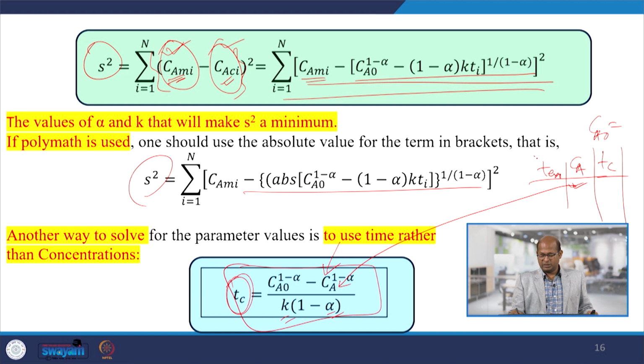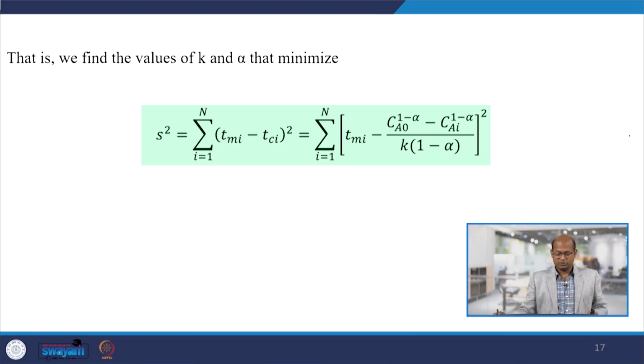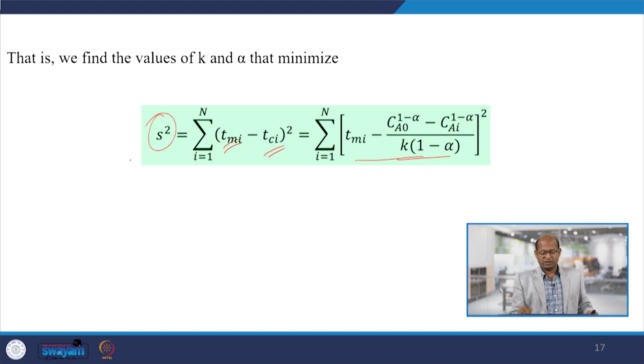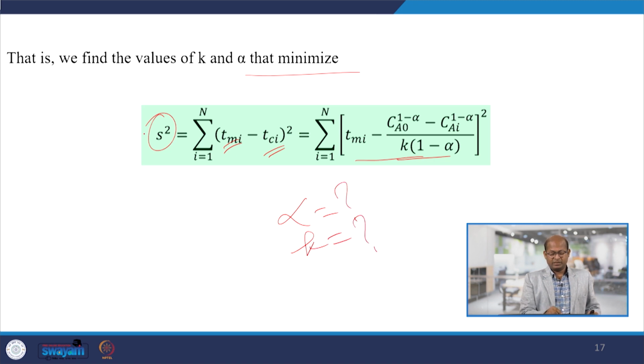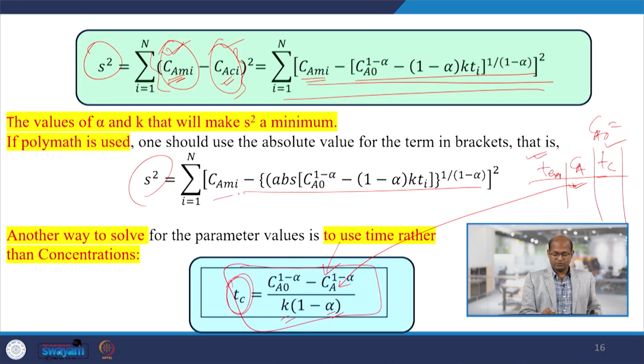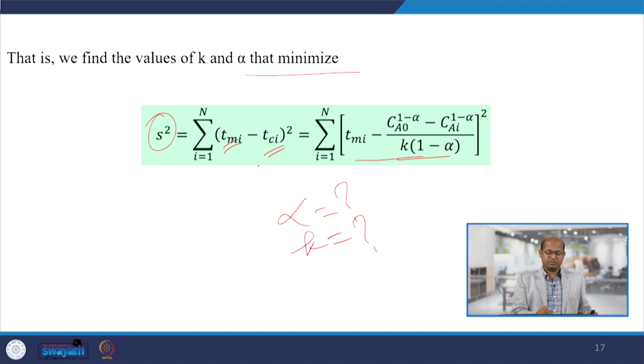So, the measured experimental t and calculated t we can both put this way, and then the sum of squares, sigma squared, we can get in terms of time. Okay. Then the corresponding alpha and k values we can get. We can evaluate either this way or this way: earlier we used concentration data, and here time was used.